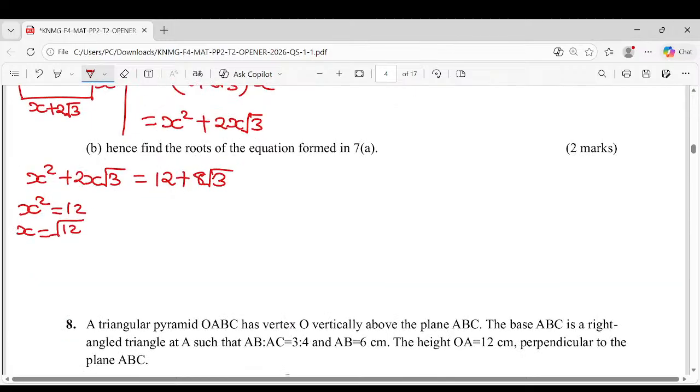In the next case, we have 2x root 3 being equal to 8 root 3. This means that 2x is equivalent to 8, and that will mean that my x will be equivalent to 4.